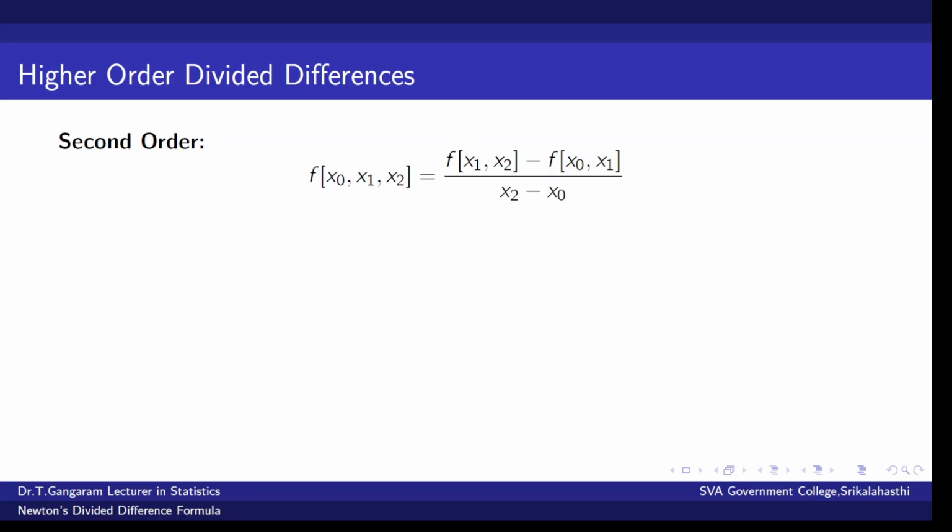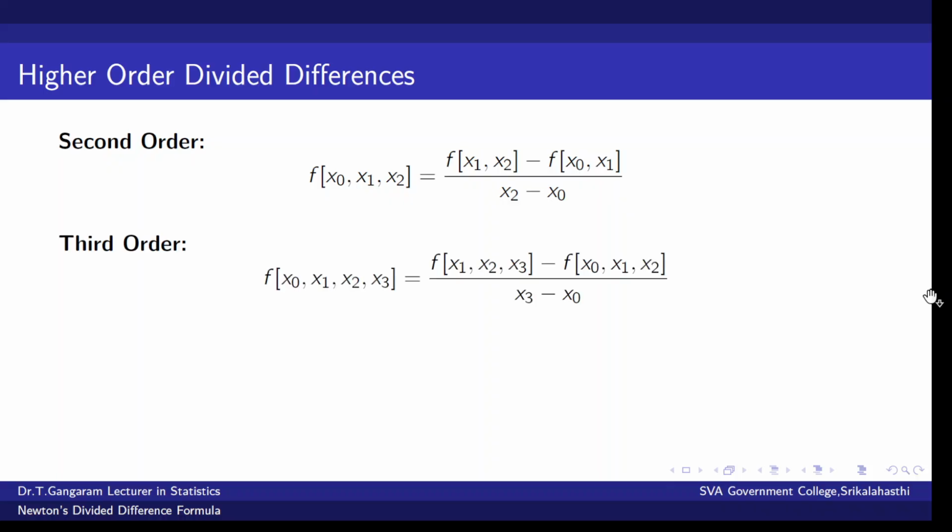The second order divided difference is given by f of x0, x1, x2 in closed brackets, equal to f of x1, x2 minus f of x0, x1 divided by x2 minus x0.